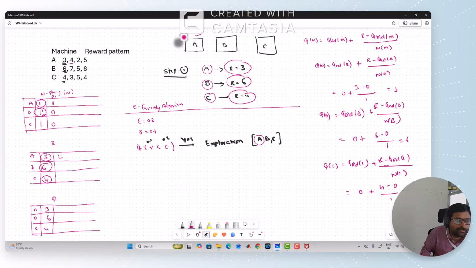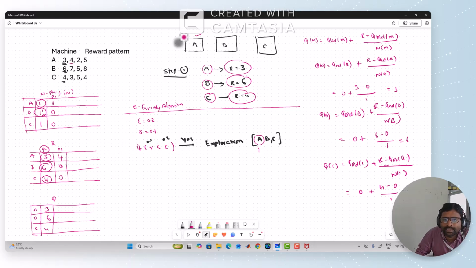So this is the first play by the user. I can represent the initial data as play 0, which contains 3 plays. Because he chose A and played with A, it gave a return of 4, and there is no return from B or C because they were not chosen. So reward value R equals 4.